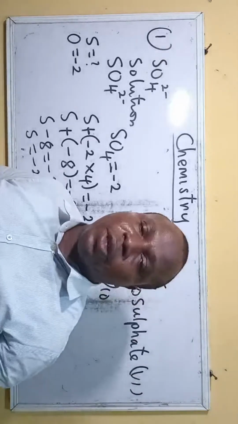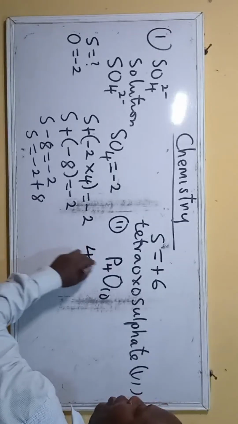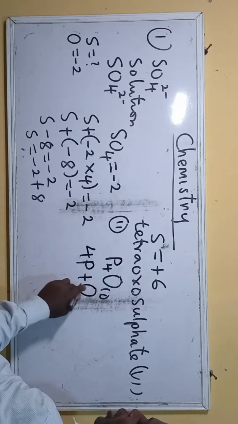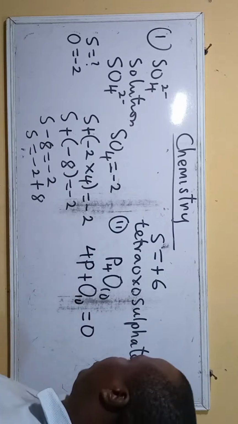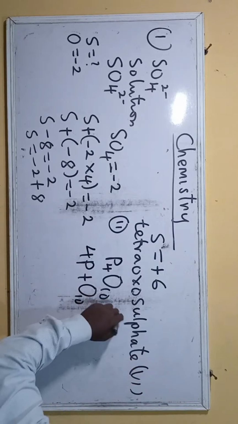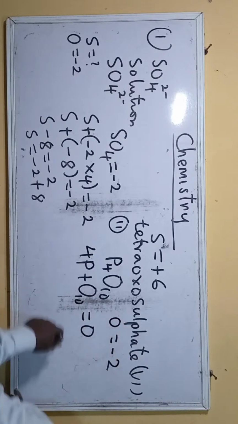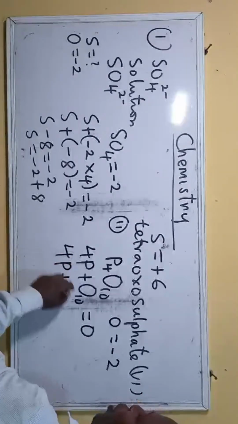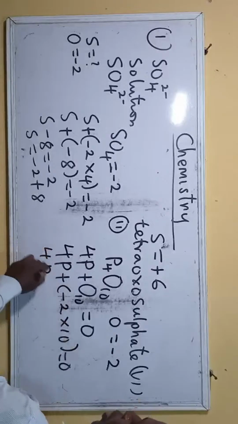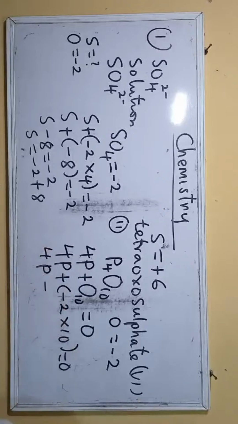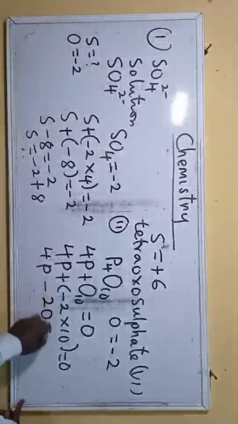You are going to have 4P plus 10 oxygen atoms equals 0. Remember the oxidation number of oxygen is always -2. So it will be 4P plus -2 times 10 equals 0. -2 times 10 will give us -20.